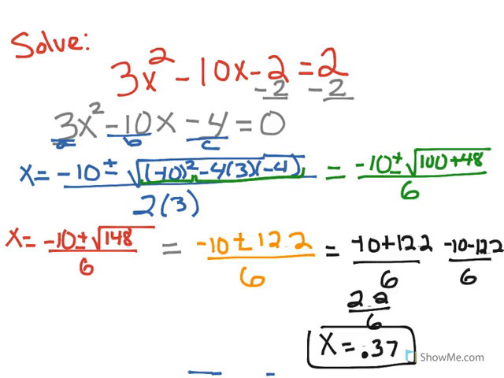Our last one, -10 minus 12.2, is negative 22.2 over 6. So we're going to do negative 22.2 divided by 6 in our calculators, and we will get that x equals negative 3.7. So the x-intercepts for this equation occur at 0.37 and negative 3.7.